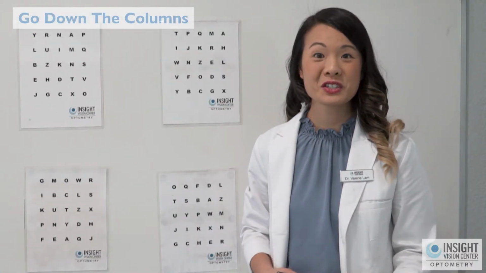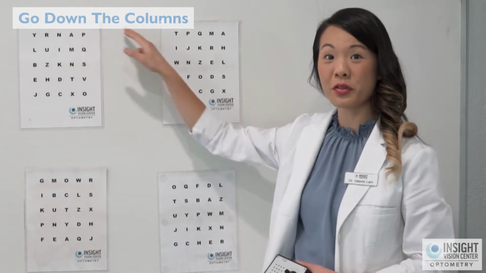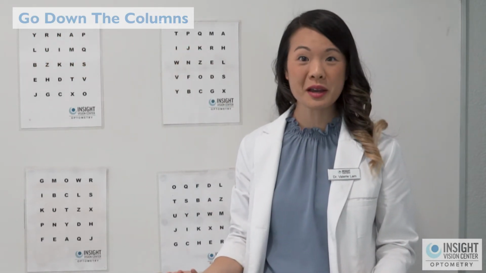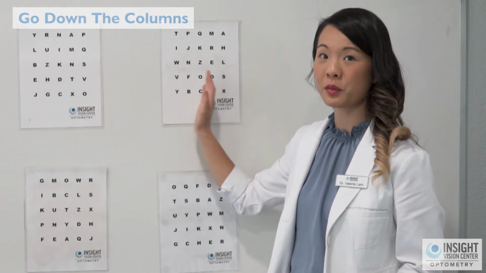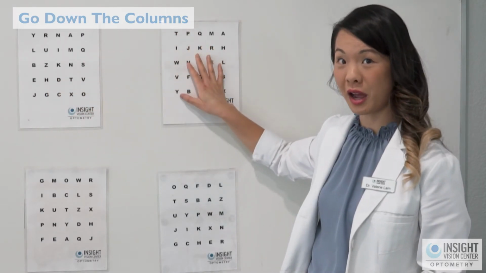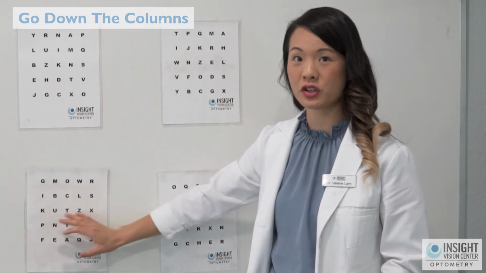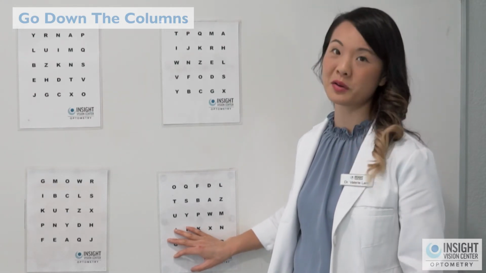If you've mastered this direction from going, again, from left to right on the rows, you can also switch it up. We can go down the columns. So if you're going from chart to chart, we should always start on the top left chart and then go to the top right chart, bottom left chart, bottom right chart. But if you've already done the rows, we can go down the columns.